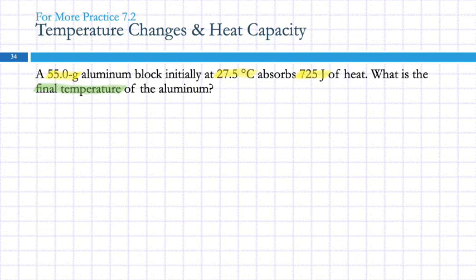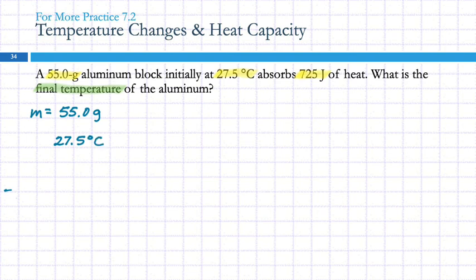Well, let's pull our numbers out and write them down. So 55.0 grams. It doesn't say what that is, but what is that? Oh, that's the mass, right? Because gram is a unit of mass. And then it says initially at 27.5 degrees Celsius.